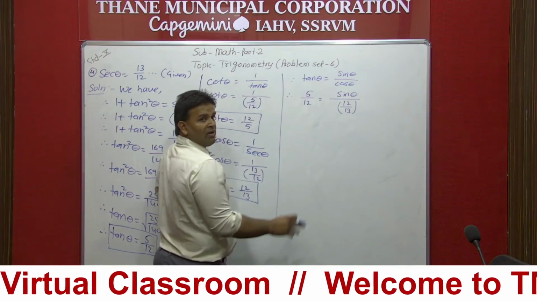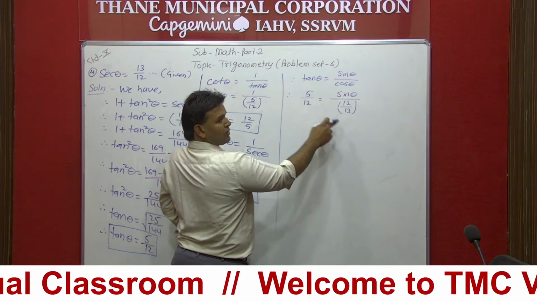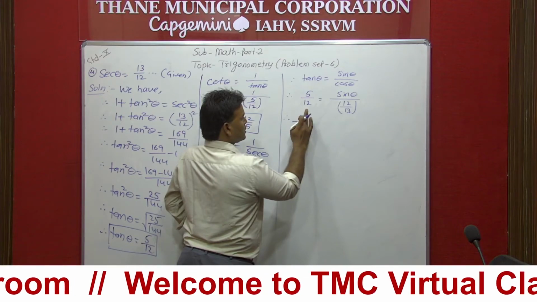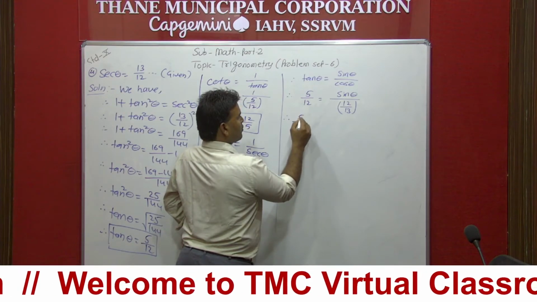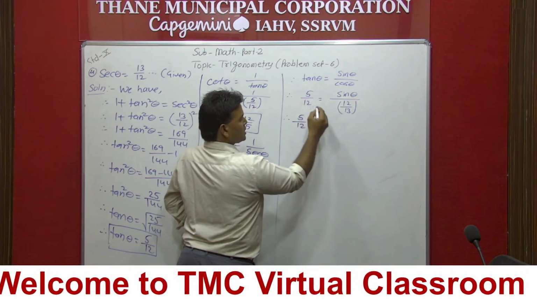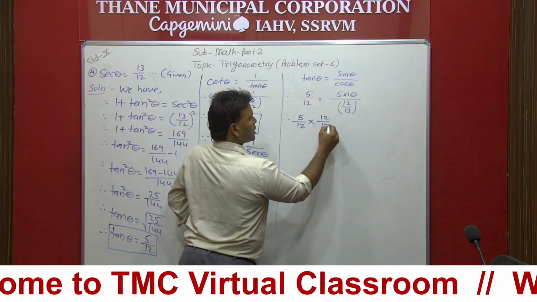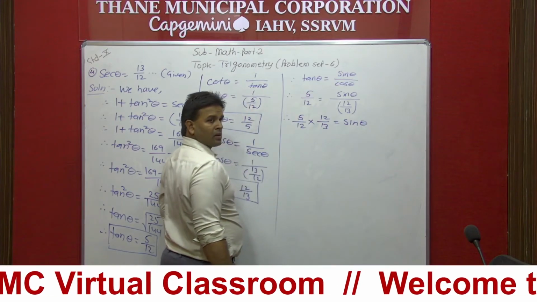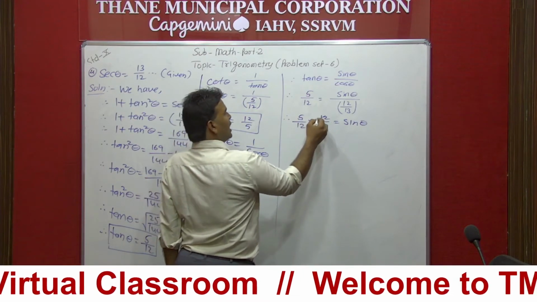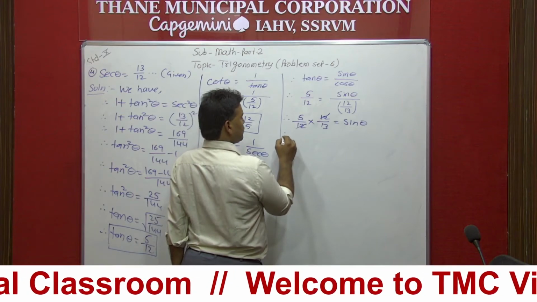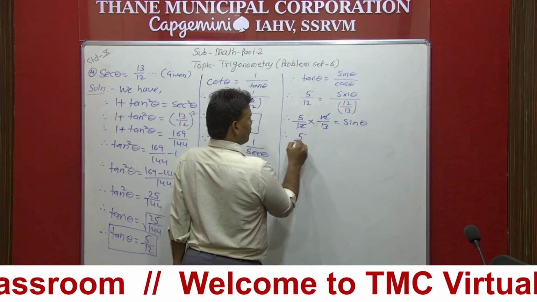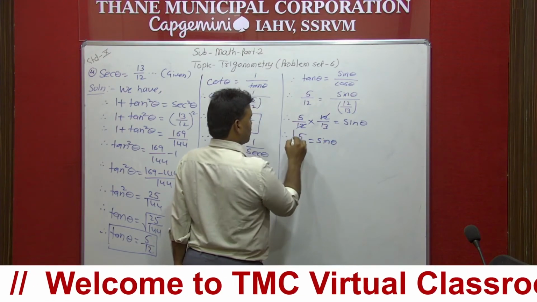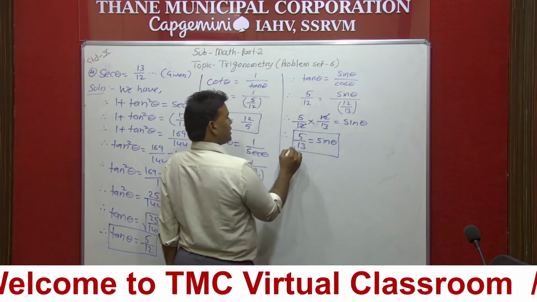After putting the values, we do the cross multiplication. So 5 upon 12 into 12 upon 13 is equal to sin theta. Here 12 and 12 will get cancelled. So we are left with 5 upon 13, that is equal to sin theta. So here I got the value of sin theta.